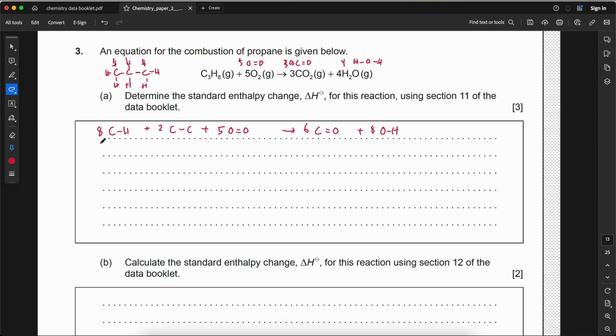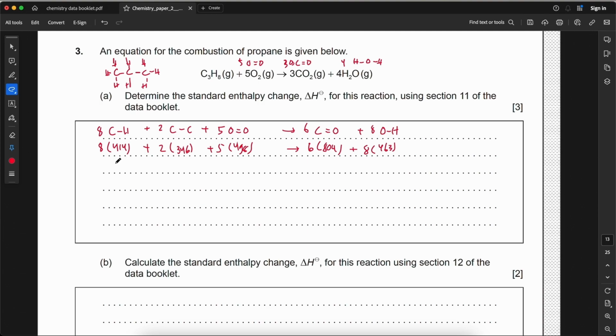So that would be 8 times 414 plus 2 times 346 plus 5 times 498. That's 6 times 804 plus 8 times 463.